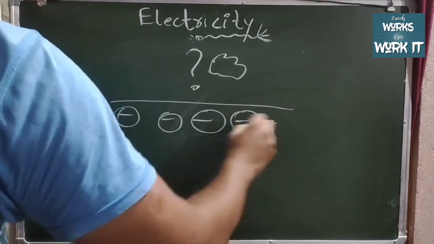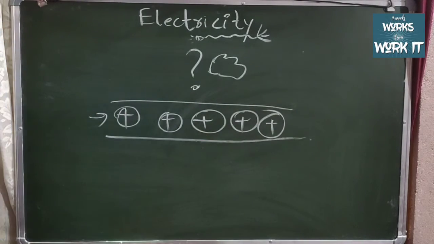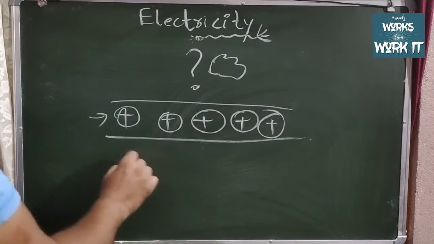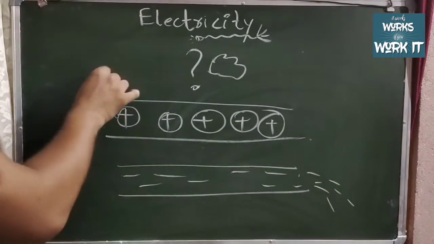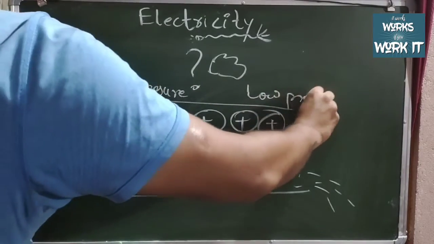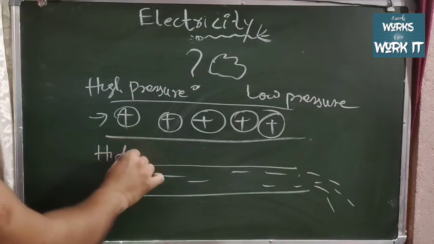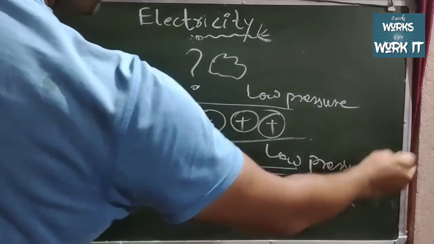So students, a question may arise in your mind: how do the charges, that is the positive charges, the protons, flow from the wire? The answer is as simple as the flowing of water from a pipe. This happens due to the difference between high pressure and low pressure.